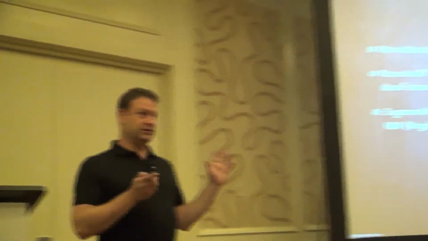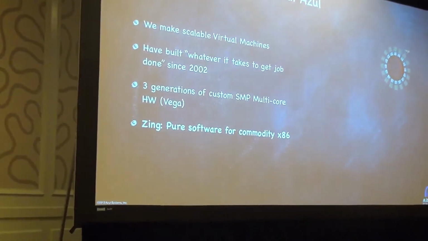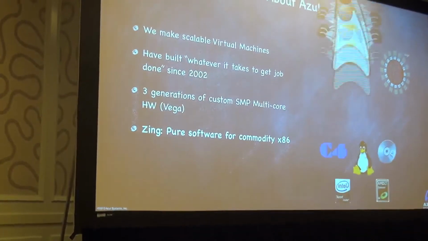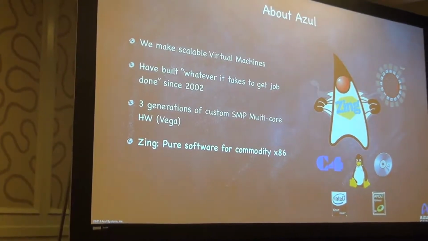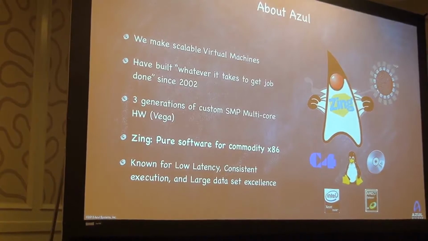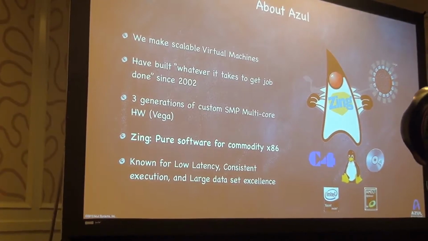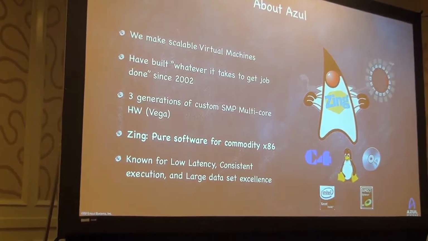The hardware is our legacy, and our current and future is pure software. And that's something we call Zing. It's a JVM for x86. We're also known for low latency, consistent execution, and large data sets.